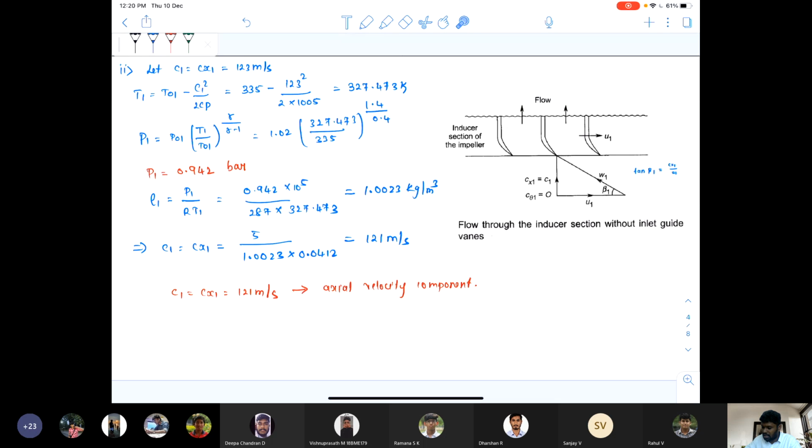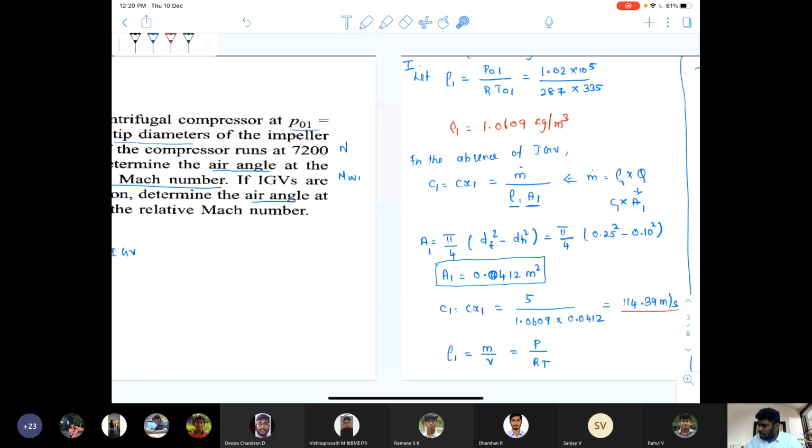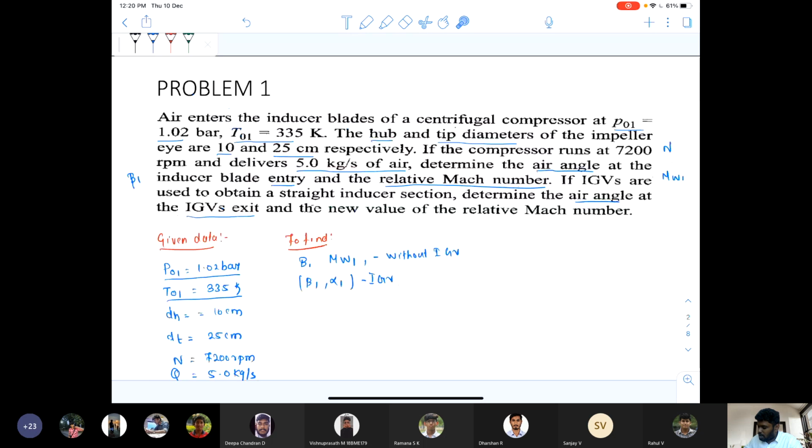Okay, now we can proceed with the question in order to find the value of beta 1, MW1, and again alpha 1, beta 1, MW1 with respect to inlet guide vane. Now we should consider two cases, that is, with inlet guide vane and without inlet guide vane.